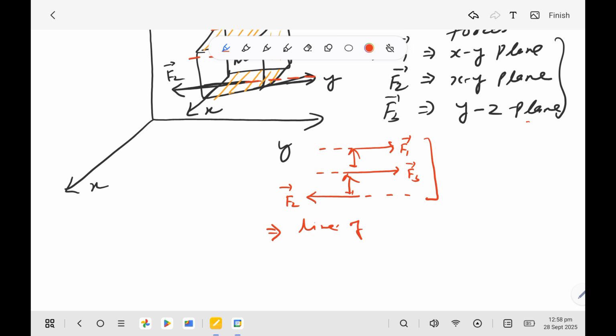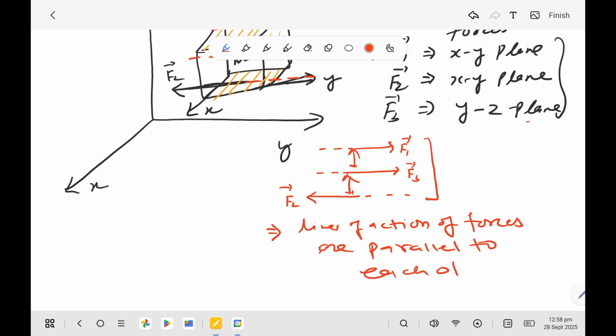So lines of action of forces are parallel to each other.